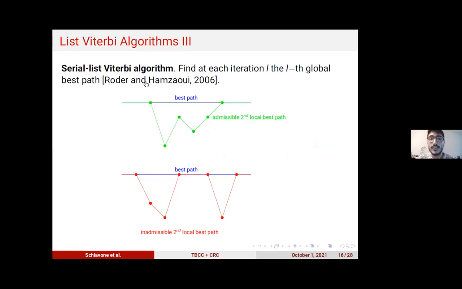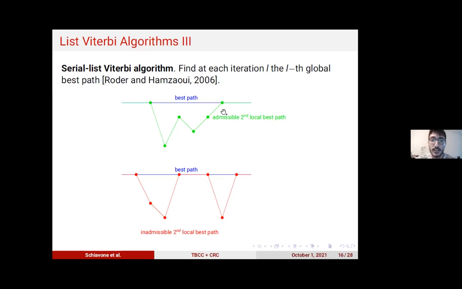Another idea is the serial list Viterbi algorithm, which does not give us an entire list at each step, but does another thing. It is based on a very simple idea: from our best path, the other possible local best paths have to leave it once and rejoin it at another time.